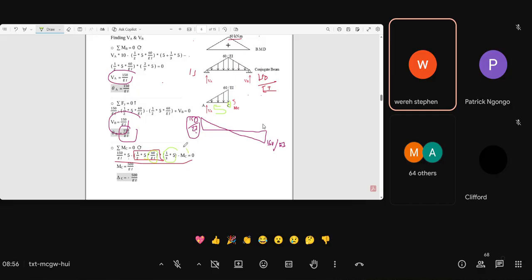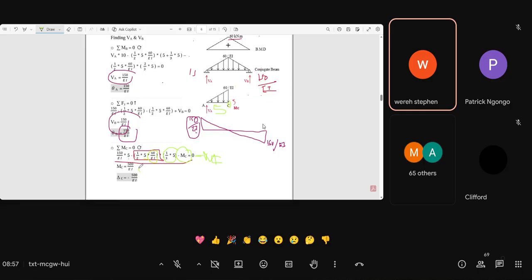Minus MC. So this MC is what we need, so you can just put it equal to MC this side. That's what we are trying to look for. Yeah. So MC is just 150 over EI times 5 minus the total of this triangular load times the distance from its center to point C.